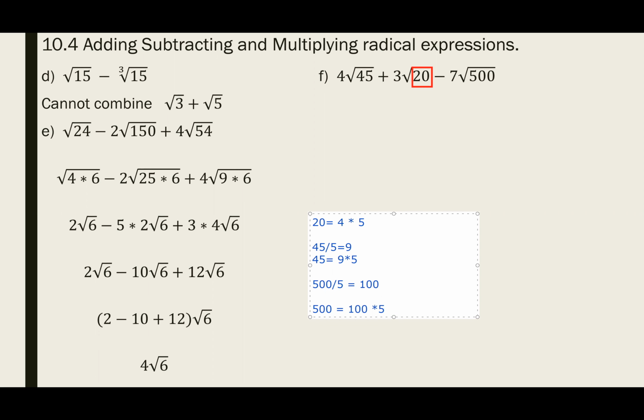And as you can see, all of them have a leftover 5. And that's one thing: whatever they give you, the leftover will be the same, because all of them will have a square root of 5. And we know 100 is a perfect square, 10 times 10. We know 9 is a perfect square, 3 times 3. We know 4 is a perfect square, 2 times 2.